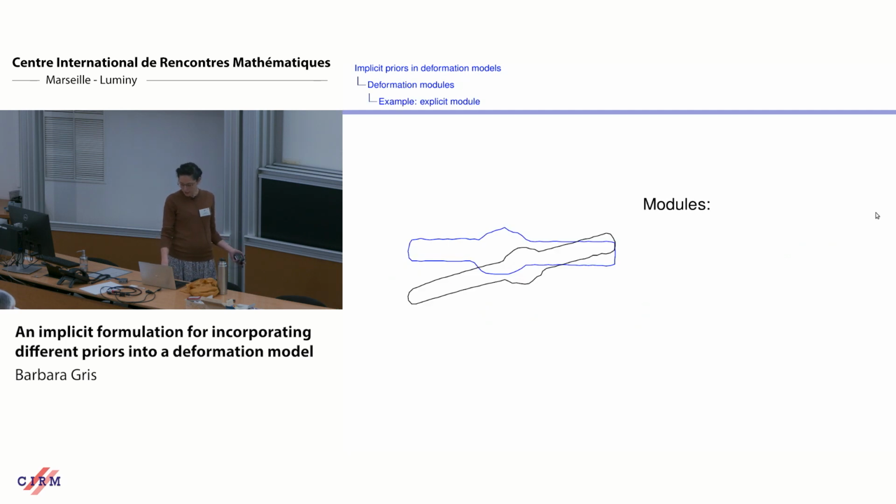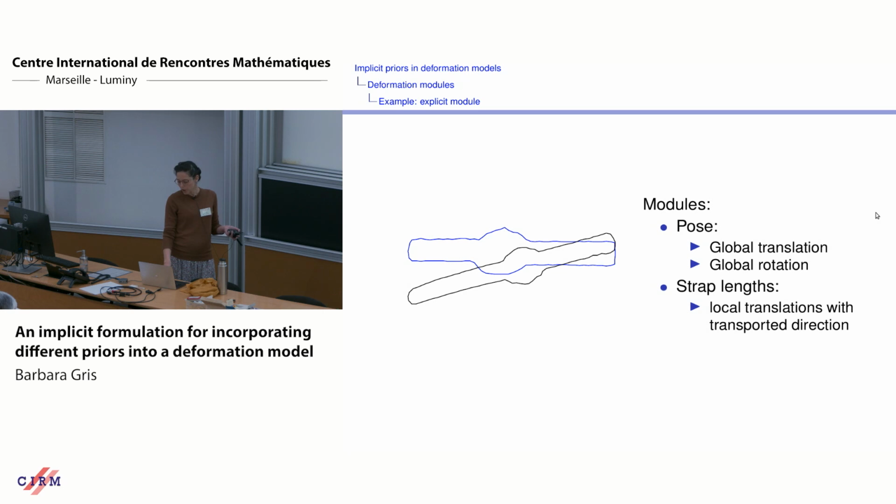Let me show you a first example where you want to transform the blue watch into the black one. And here we use a combination of 3 deformation modules. The first 2 control the pose, so they generate a global translation and a global rotation. And the last one will control the length of the straps of the watch.